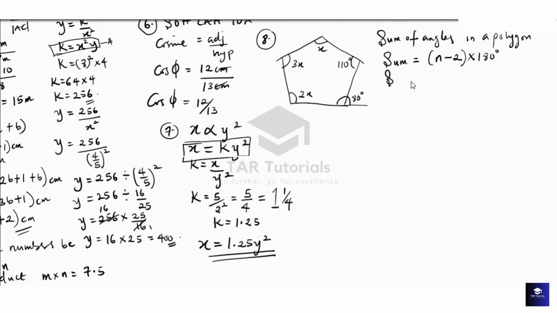Now, what we need to do is, sum equals, how many sides do we have? A pentagon has 5 sides. That gives you 5 minus 2 times 180. 5 minus 2, that's 3, times 180. And 3 times 180 gives us 540 degrees.